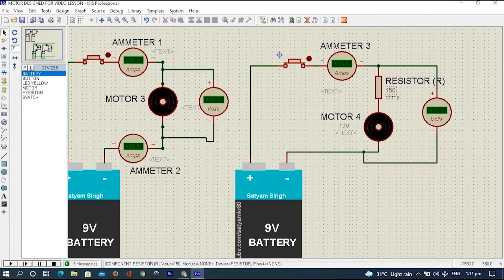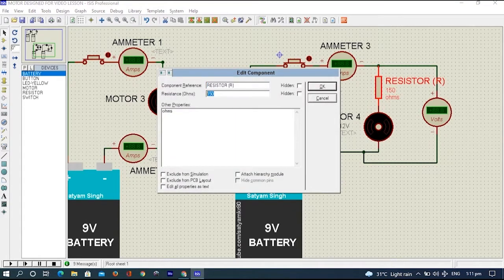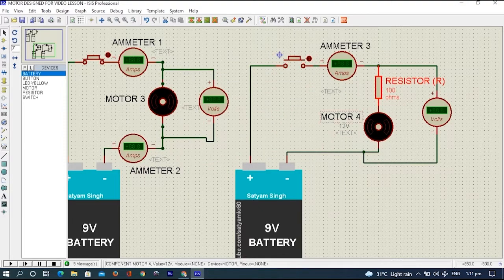In this case, our resistor resistance here is 150 ohms. But let's reduce it to 100 ohms. Now, before we proceed in the simulation, I want you to calculate.